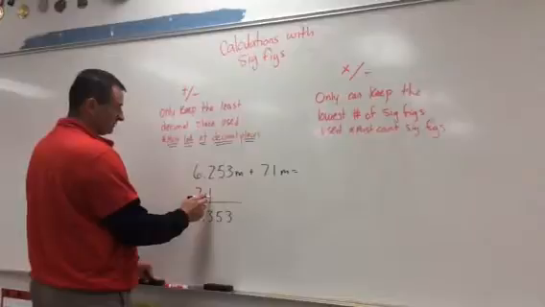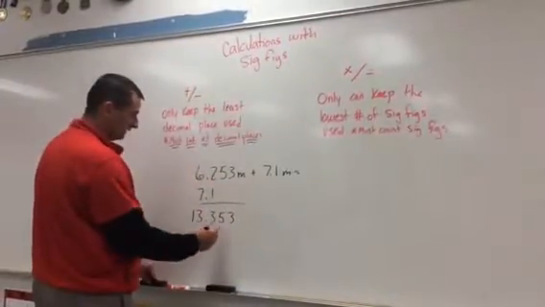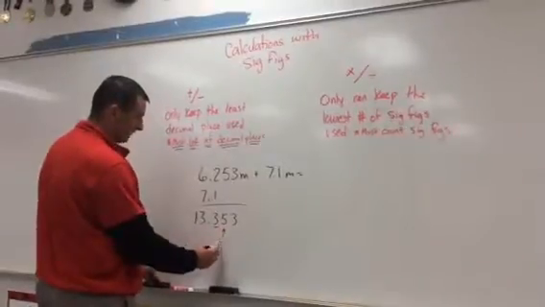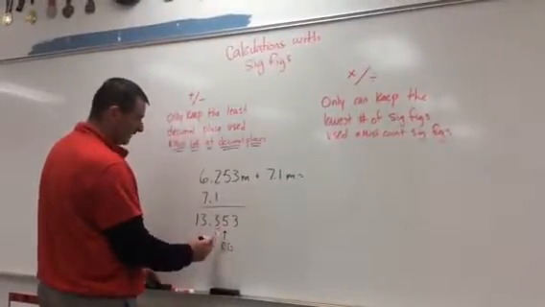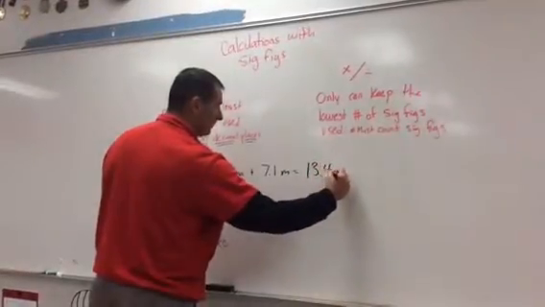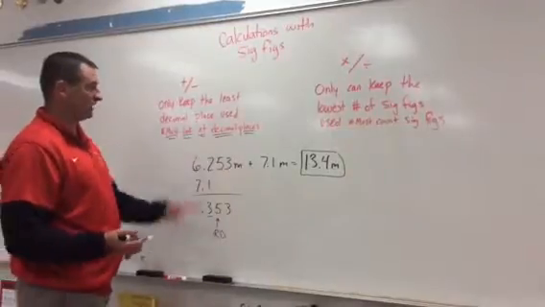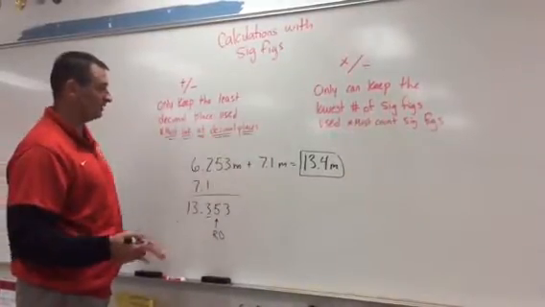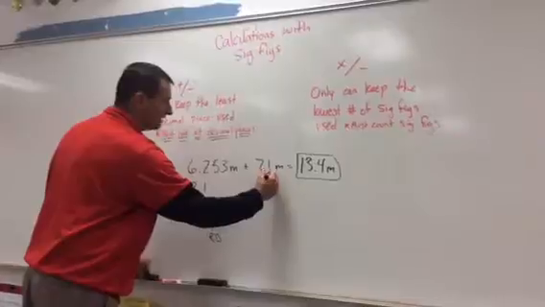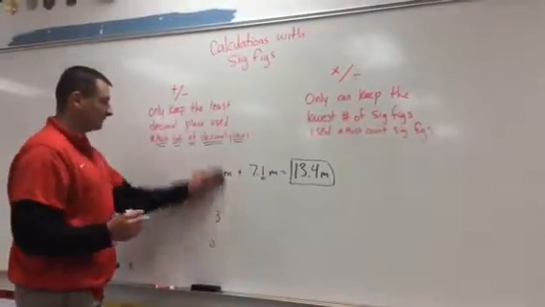I went to the thousandths place and the tenths place, so my answer can only go to the tenths place. The hundredths place is my rounding digit. That is a 5, so that is going to round this number up to 13.4 meters. So that is how you do addition and subtraction. It's all about the decimal place. You can only have the least number of decimal places used in your answer. So you're looking at the decimals.